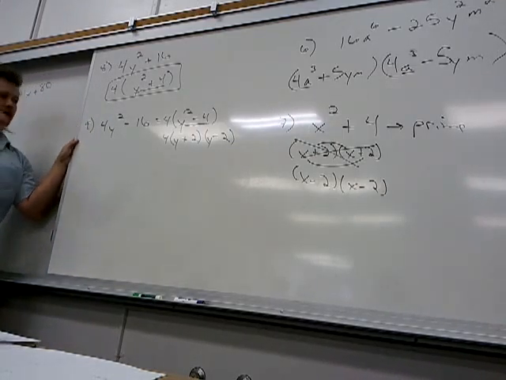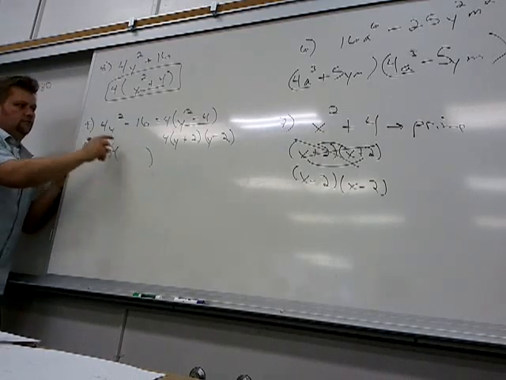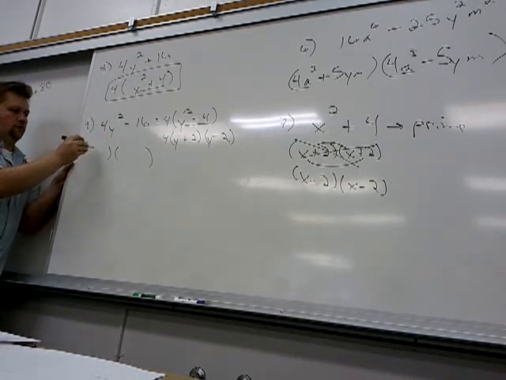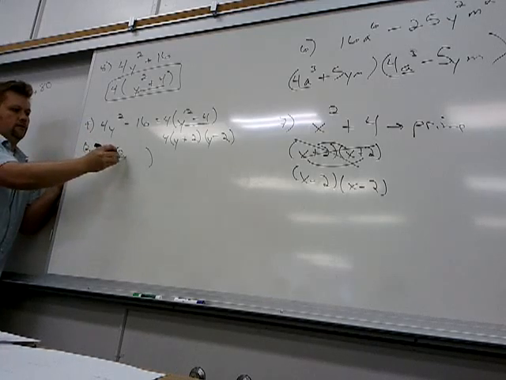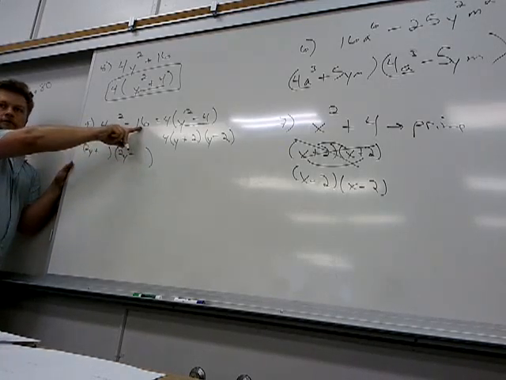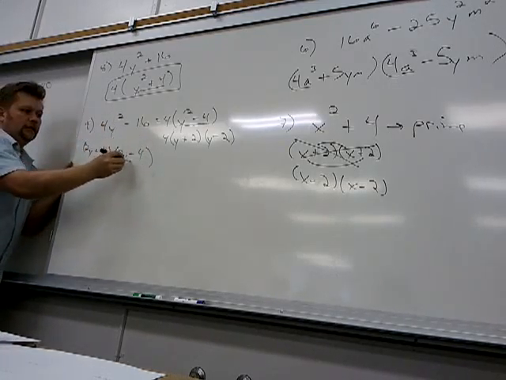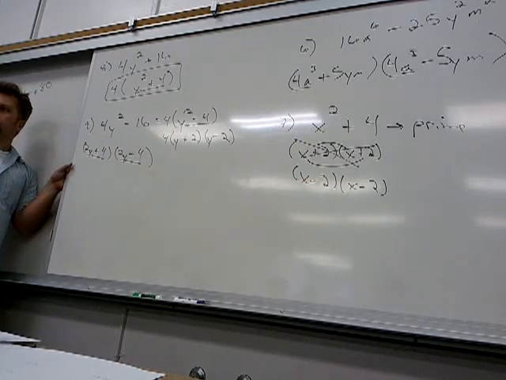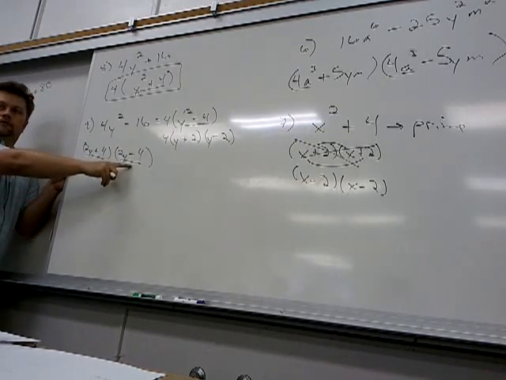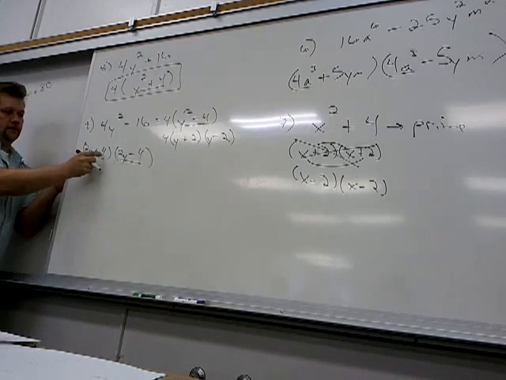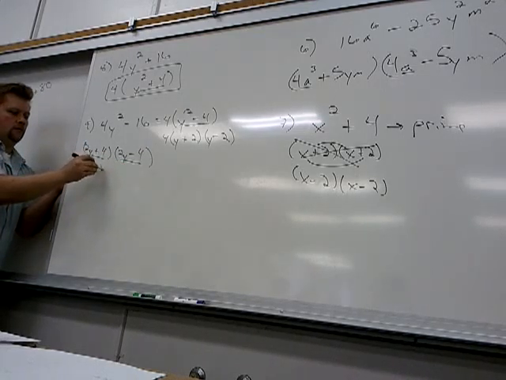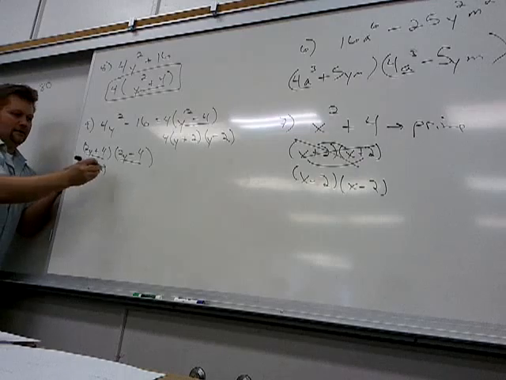If I don't take the 4 out first, can't I still do it? 4 is 2 and 2. Y squared, y and y. Plus minus. Each of these, though, are they done? No. Each of them has a what? 2 you can do. Yeah, I can take a 2 out of here and a 2 out of there.